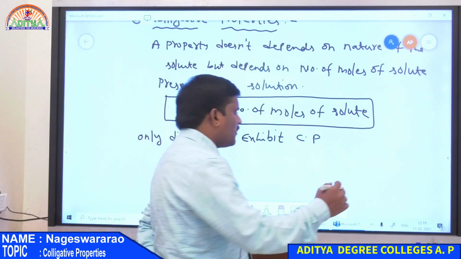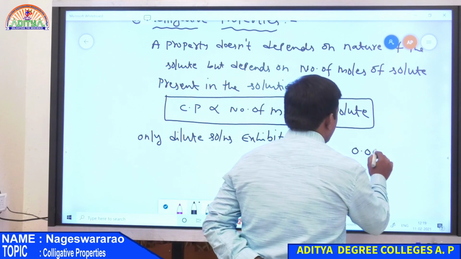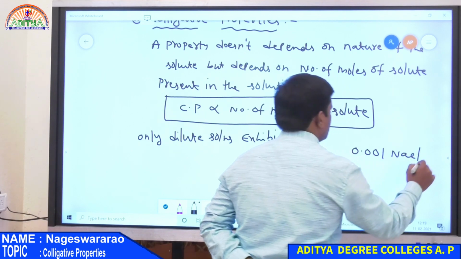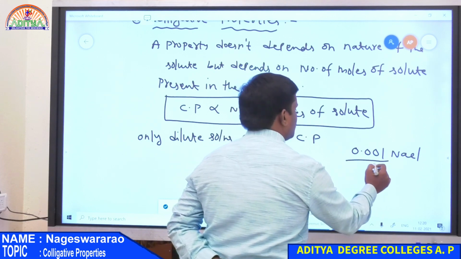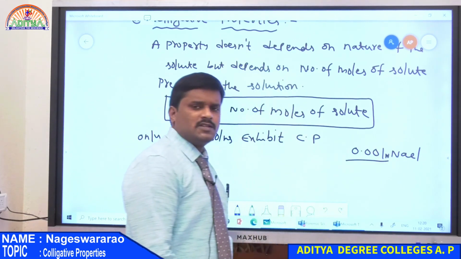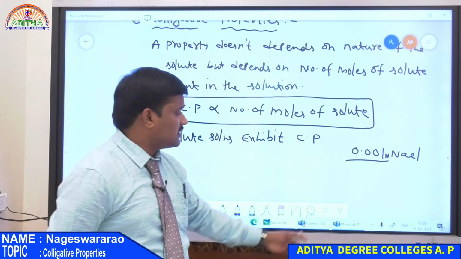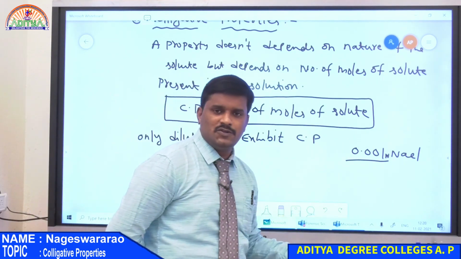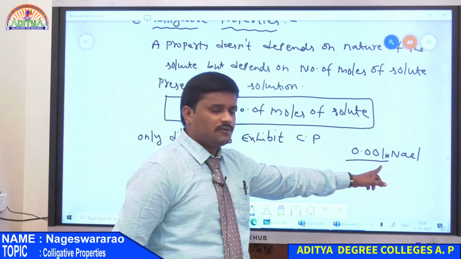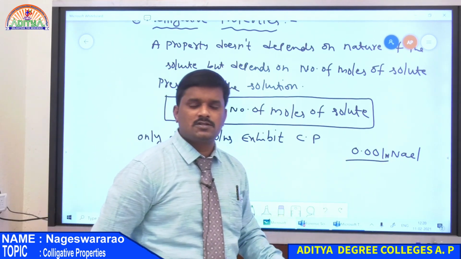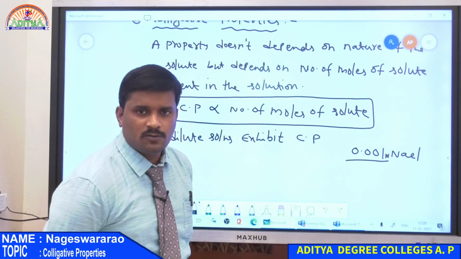For example, 0.001 normal NaCl. What does this mean? Here its concentration is very small, so a very small amount of solute is present in that solution. So this is a dilute solution. Therefore, only such dilute solutions exhibit colligative properties.